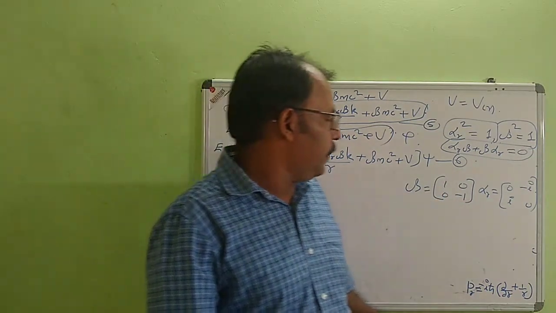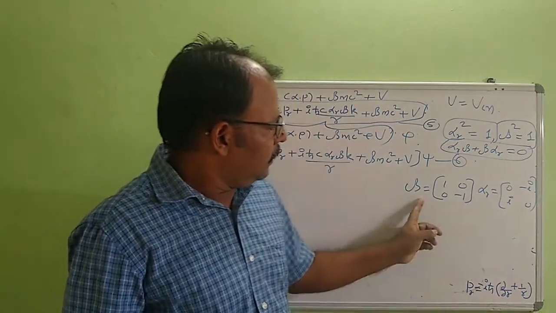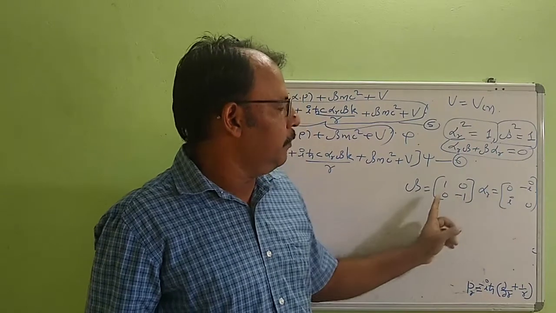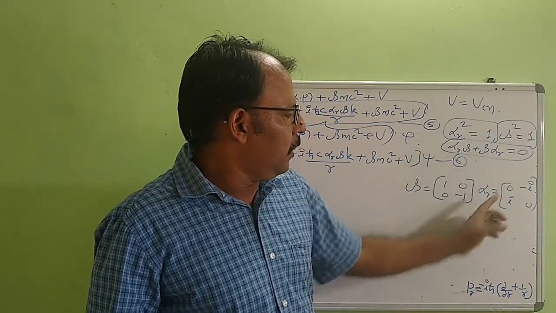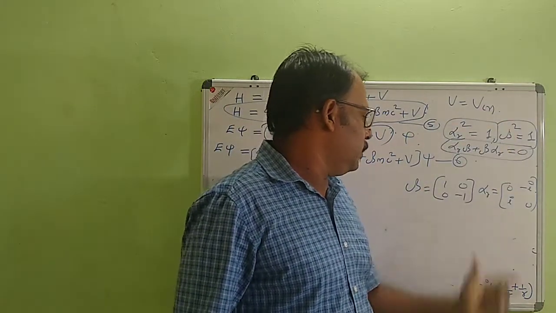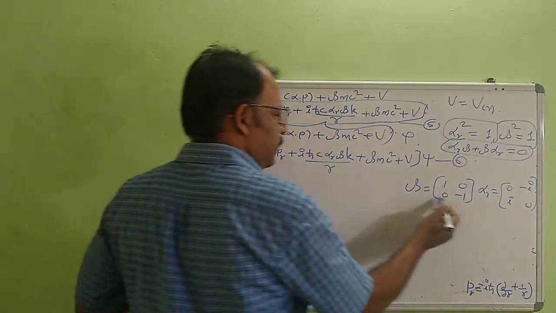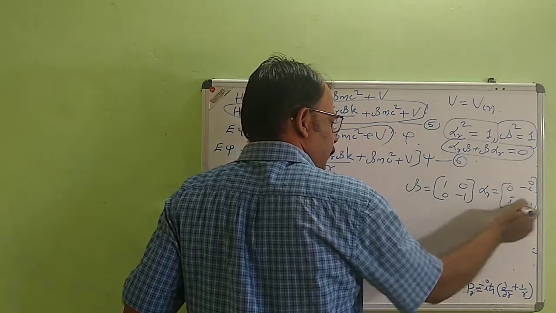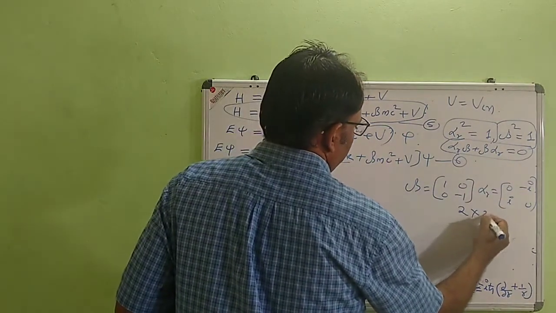When I take alpha R as this matrix, its square will be equal to 1, and these two matrices are anti-commuting with each other. You can show that alpha R beta plus beta alpha R equal to 0. So these properties are satisfied by these two matrices. For convenience, we are taking the beta matrix as this one and the alpha R matrix as this one. So they are 2 by 2 matrices.